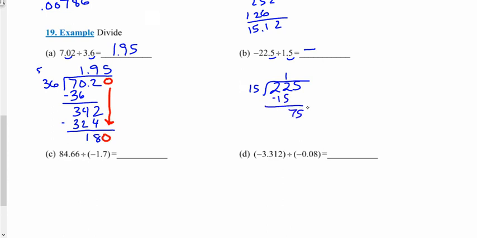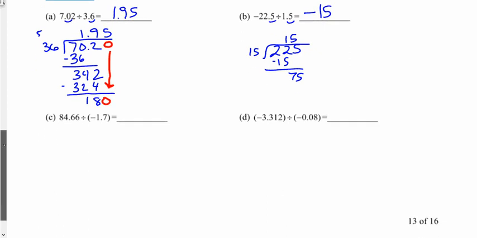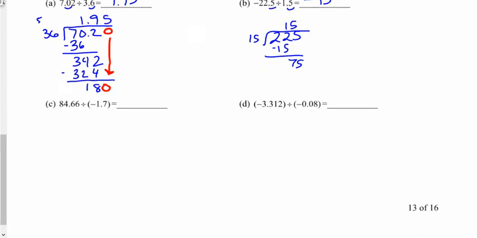And then 15 goes into 75 5 times. There's nothing left over. That's just negative 15. Now, you might have been able to spot that because you might have known that 15 squared is 225. That's a perfect square. Maybe, maybe not.